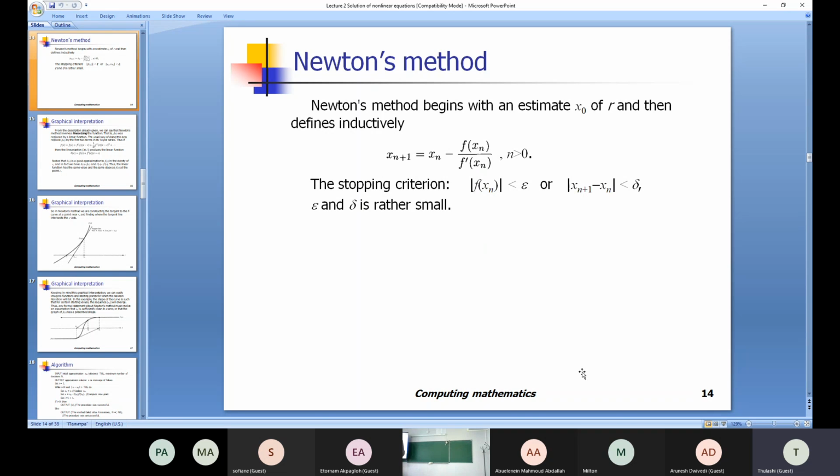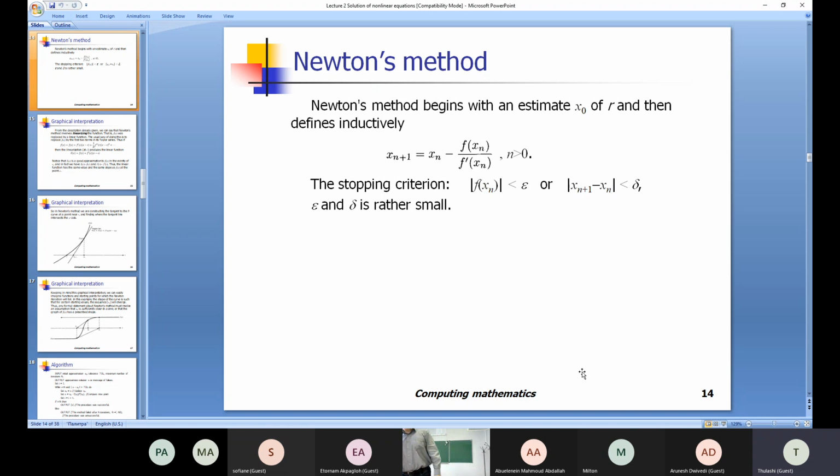In this case, when we cannot compute a derivative, we cannot apply this method. So we can apply this method only in the case when we know the derivative, when we can find the derivative of the function analytically.